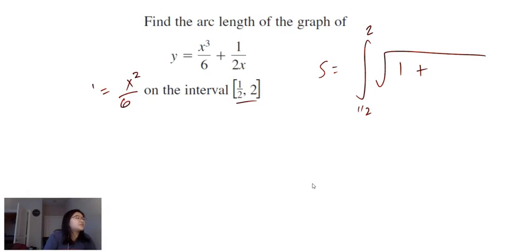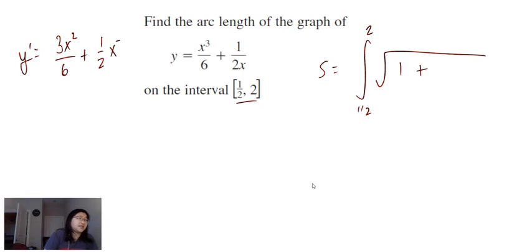Oh, that was poor space management. Okay, so y prime is 3x squared over 6 plus 1/2 x to the negative 2. We need a negative there. So then that's a 1 and a 2.